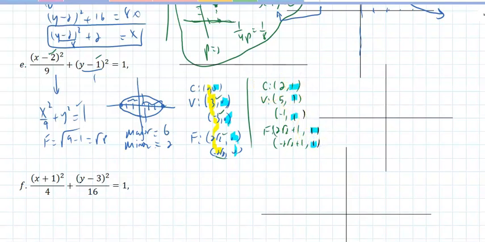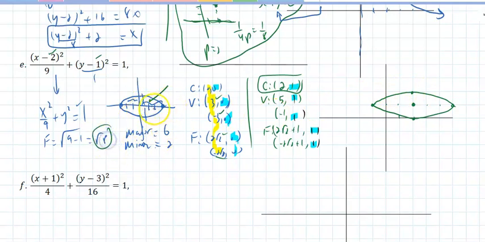Now look how complex the graph is. I'm going to go to (2, 1) and I'm going to do exactly what I did. I'm going to move 3 units to the right, 3 units to the left, 1 unit up, 1 unit down. Do you notice here, I didn't label, I should have.